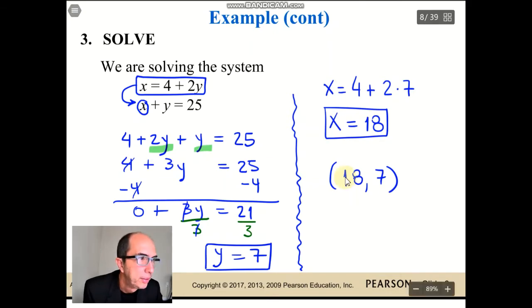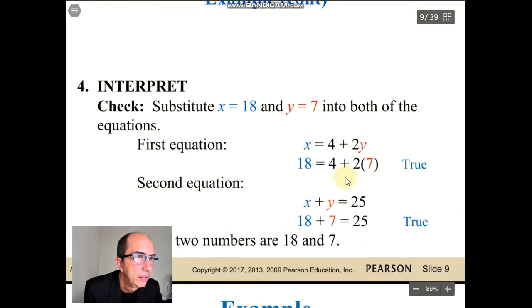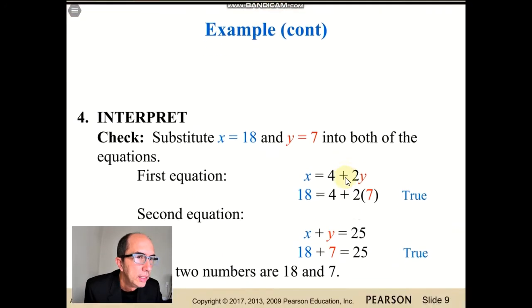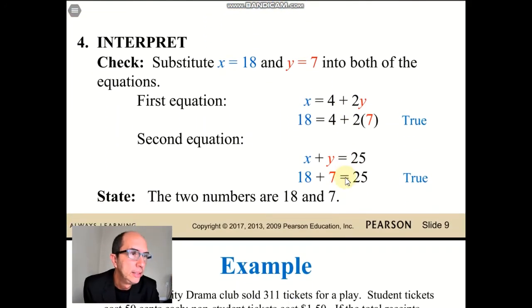Next step here, interpret. Let's substitute 18 and 7 into both of the equations. If you substitute x equals 18 and y equals 7 in the first equation, you're going to produce a true statement.